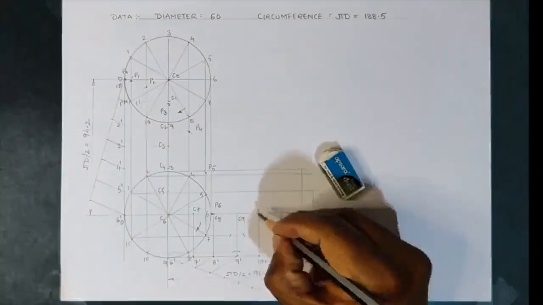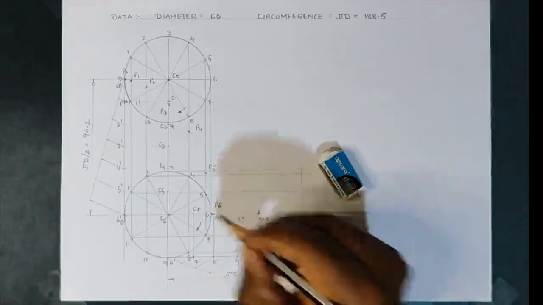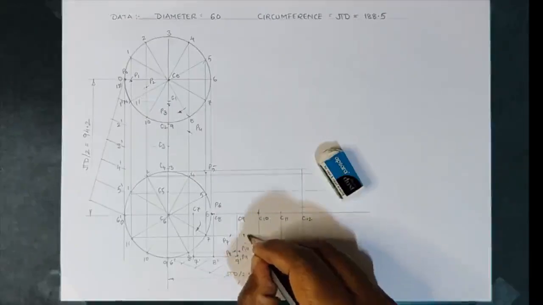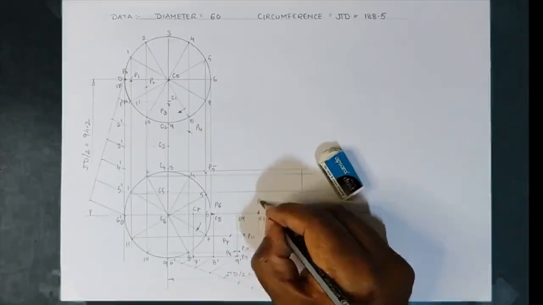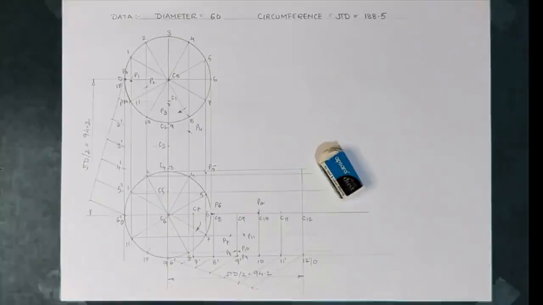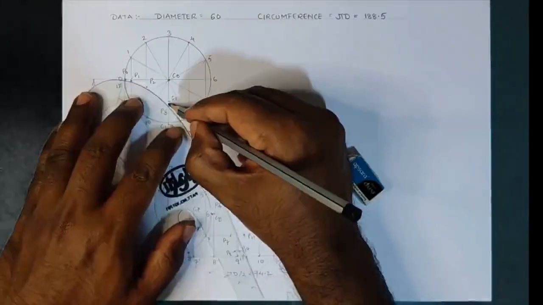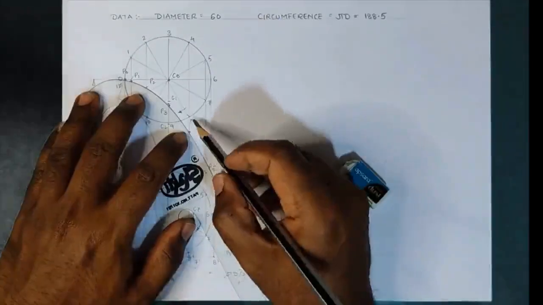So I get all the points now on the cycloid. I name them as per the center I had used, and then I'll join all the points with a smooth continuous curve.